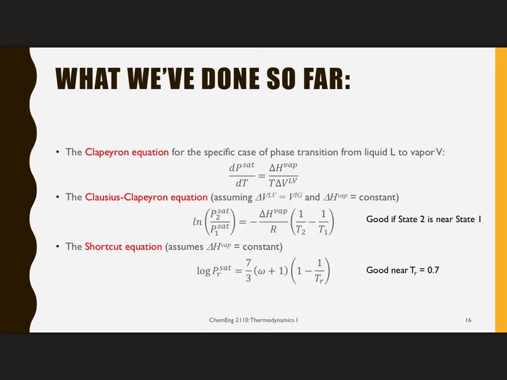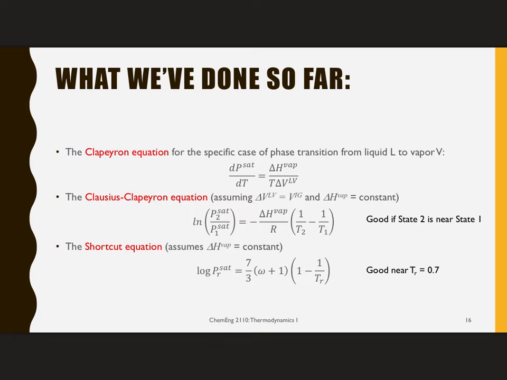It means you're able to eliminate the liquid phase V, and the volume for the ideal gas is determined using the ideal gas law. And so what we end up with is that the natural log of the ratio of vapor pressures is negative delta H of vaporization over R times the difference between the reciprocals of temperature.